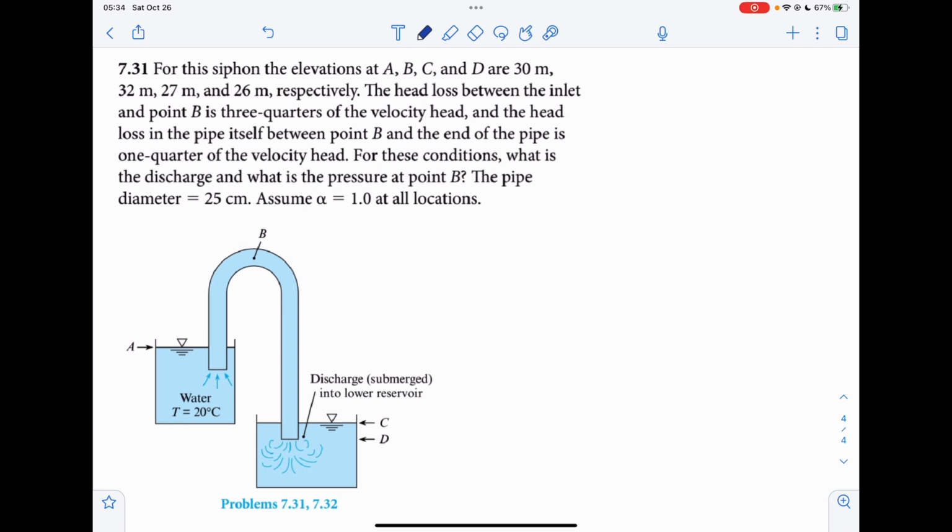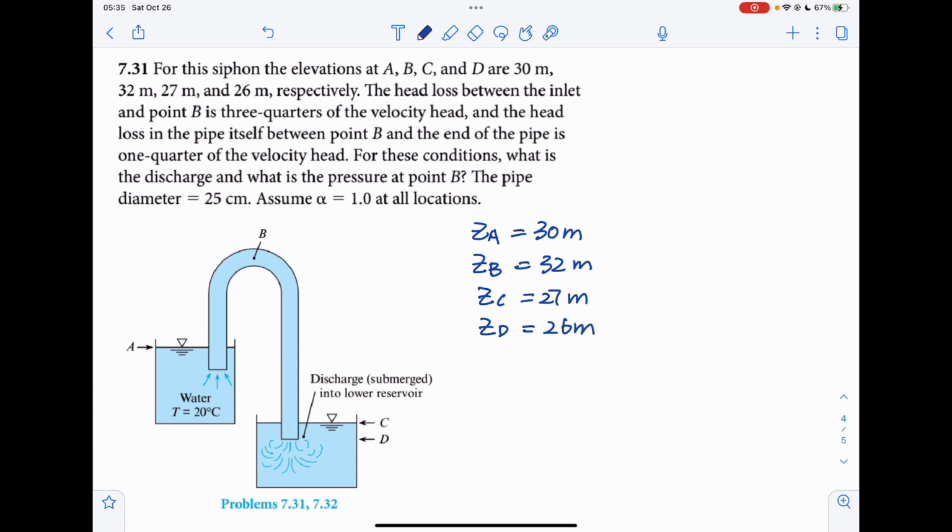For 7.31, we have a siphon. The elevations at points A, B, C, and D are ZA equals 30 meters, ZB equals 32 meters, ZC equals 27 meters, and ZD equals 26 meters.